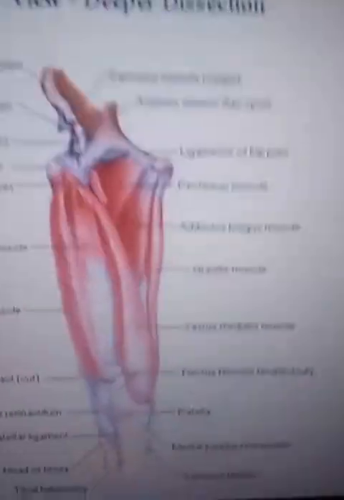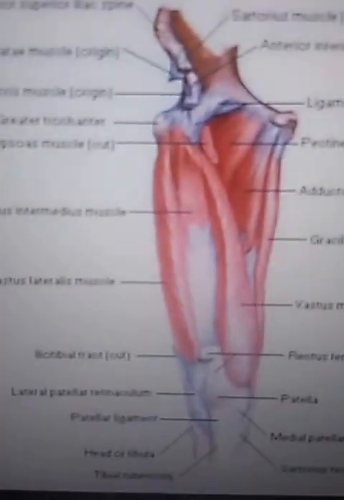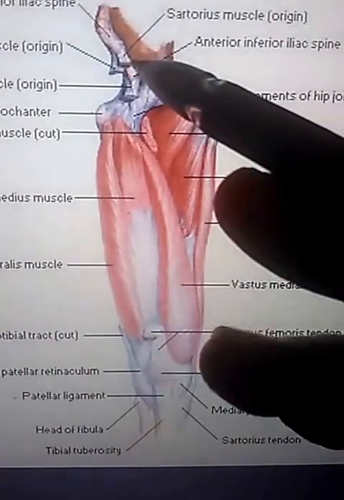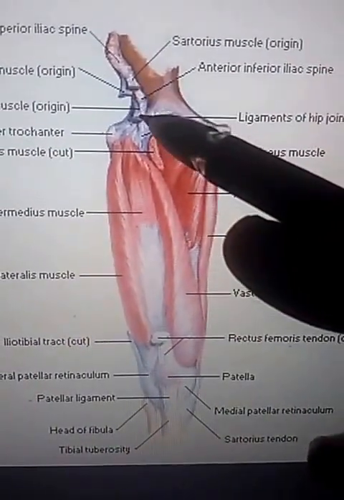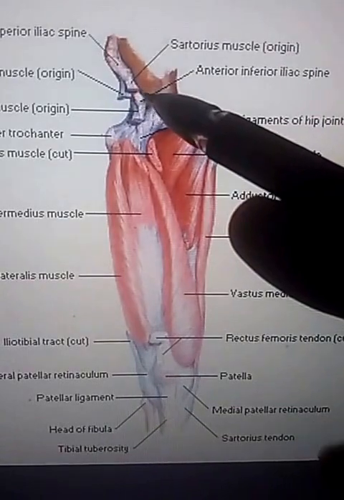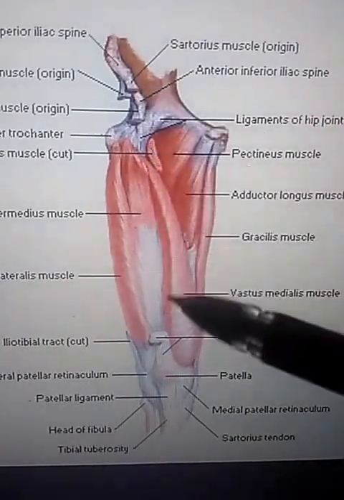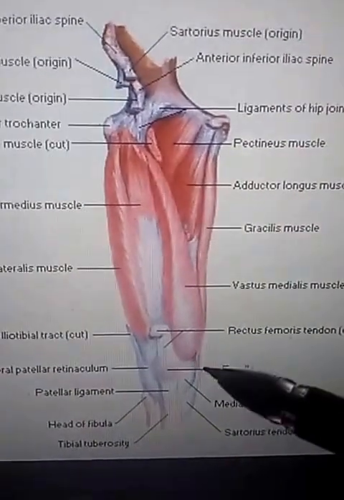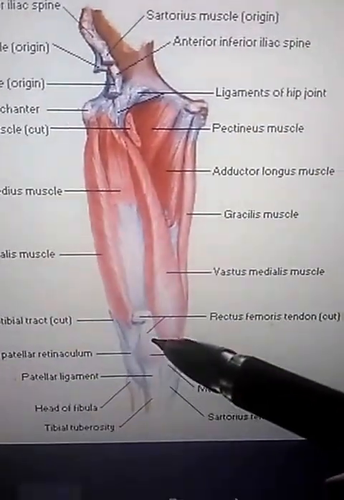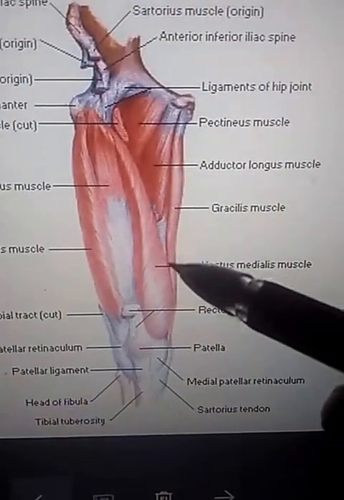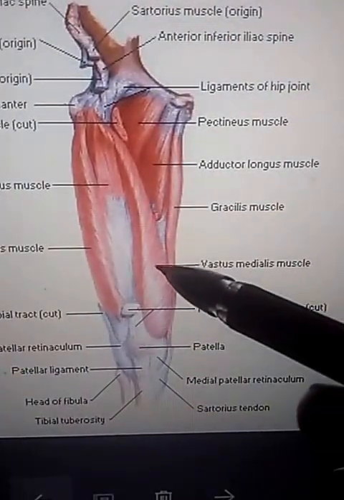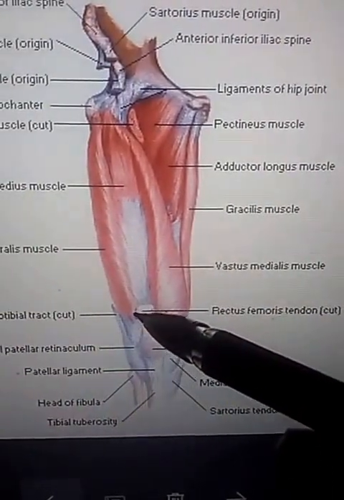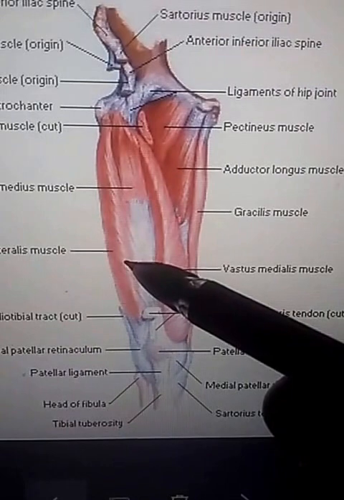Now see them here. You can see that from the anterior superior iliac spine the sartorius muscle originates. It is the most anterior, and it has been cut here. Now you can see quadriceps femoris, which includes the vastus medialis, the rectus femoris tendon, which is again cut, and the vastus lateralis muscle.